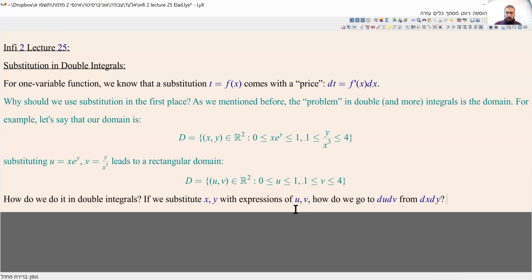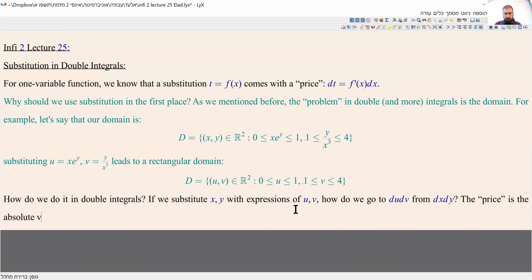So the price is the absolute value of what I called the Jacobian. What is the Jacobian? The determinant of the Jacobi matrix.